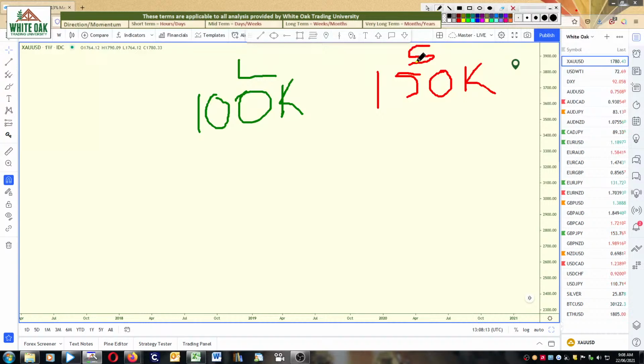Now, if they were ready to take price up a lot higher than where price currently is now, what do you think they would do with their contracts? Remember, they have to exit out of 100,000 long contracts, and they have to exit out of 150,000 shorts, and they have to replace this 100,000 with something, and they have to replace this 150,000 with something. So, would it make sense that maybe they would replace this 100K with potentially 120K?